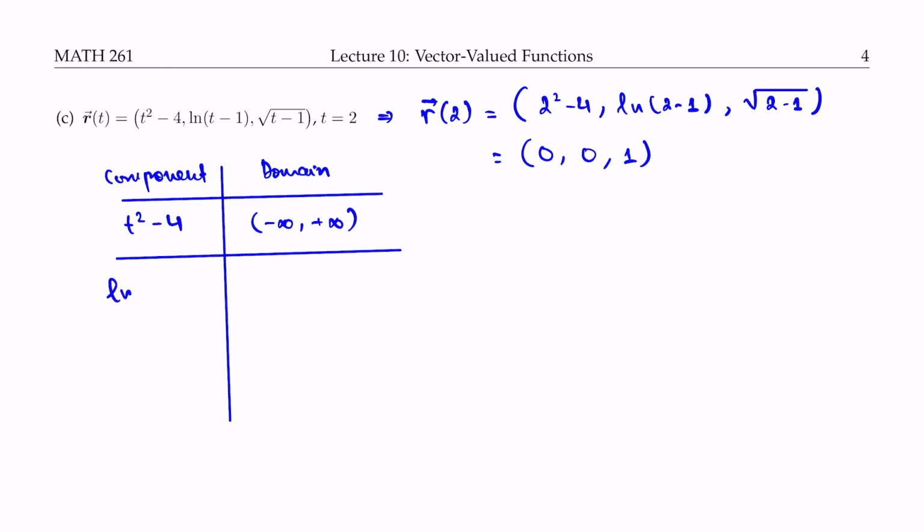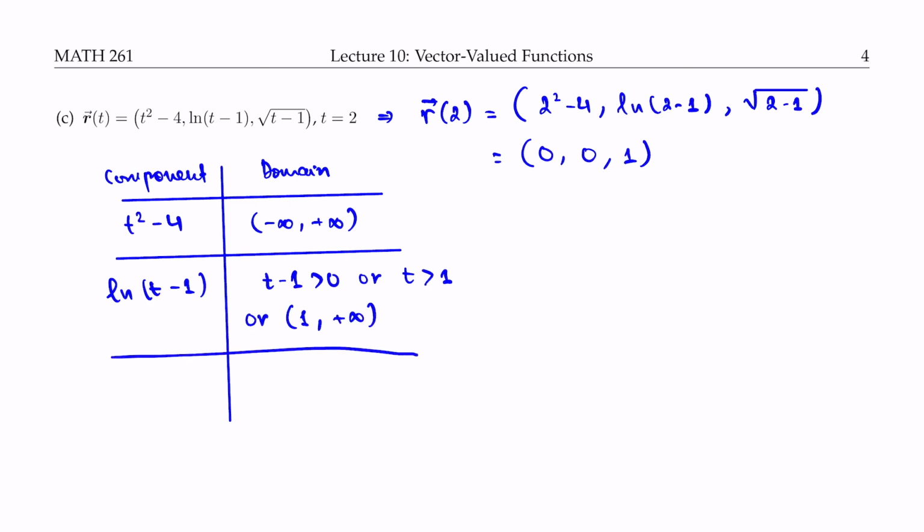For the second component, you have ln of t minus 1. So the domain of the log function requires t minus 1 greater than 0, or t is greater than 1 in this case. In interval form, you get this to be 1 to positive infinity.